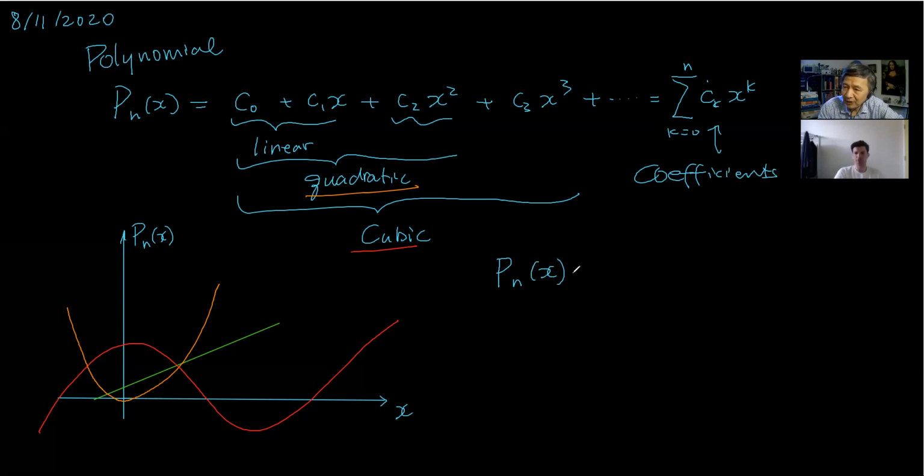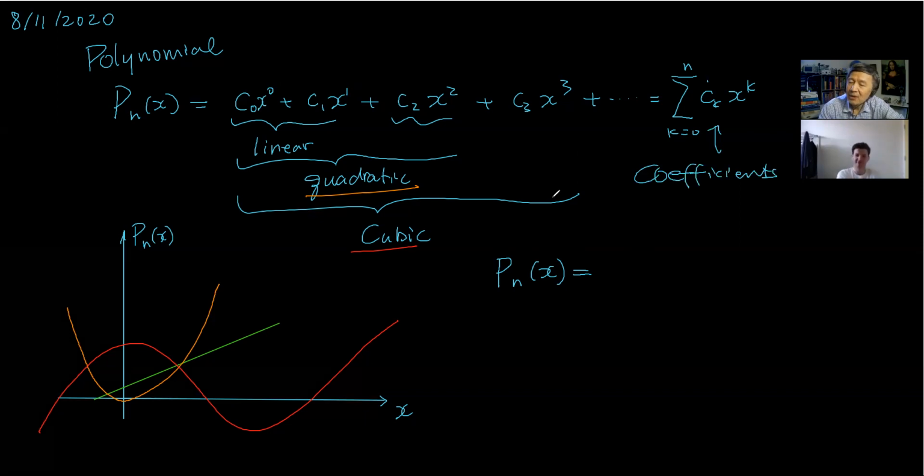So what can we do? How can we represent a polynomial by a vector? Think about it. After all, we are just concerned with the proportion of the different terms. This is the x0 term, and this is the x1 term.